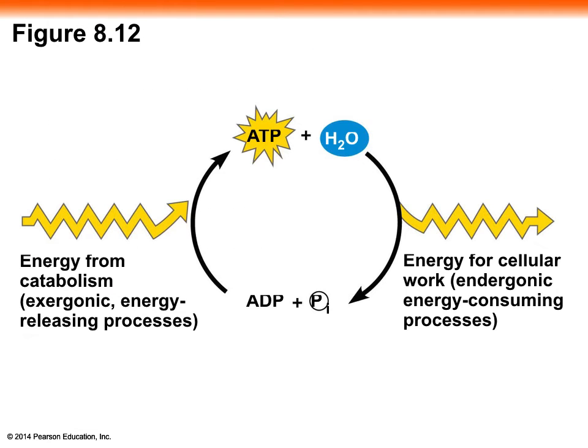Looking at this diagram, at the bottom you have smaller molecules, ADP and phosphate, and if we build them into ATP, a larger product, we have to put in energy.